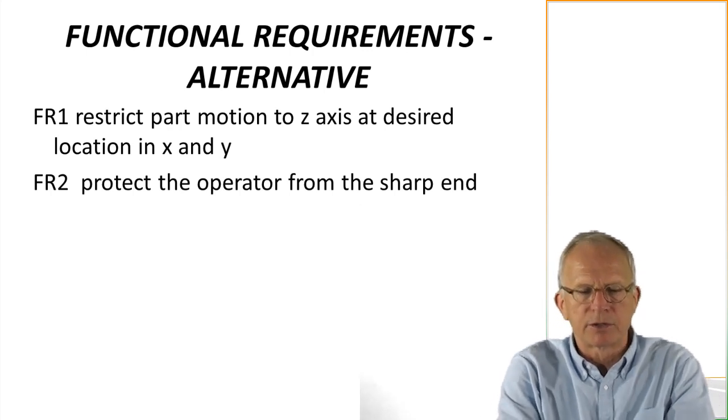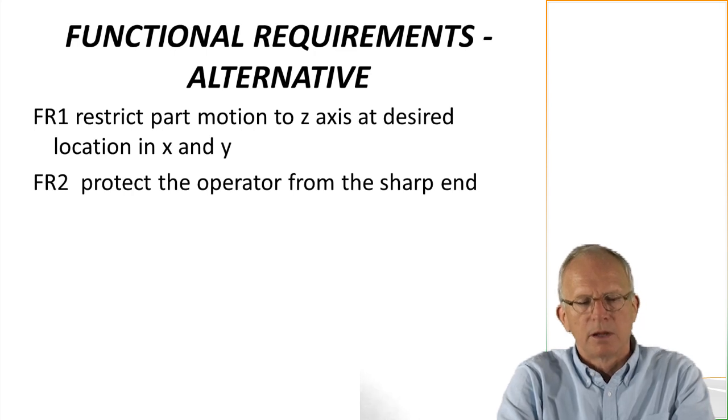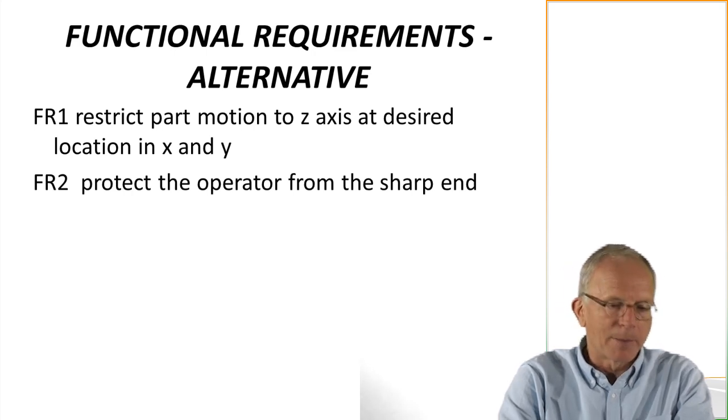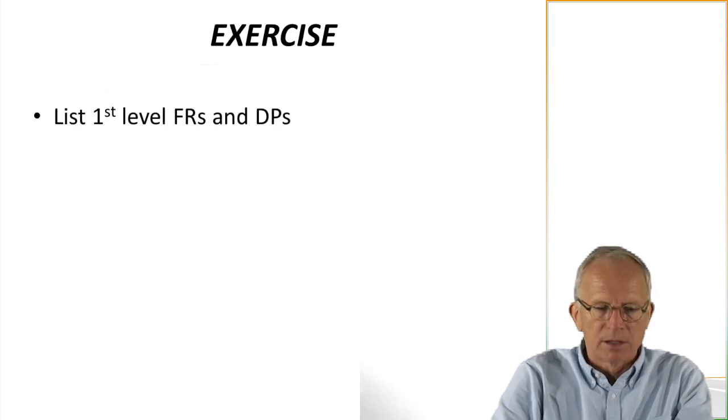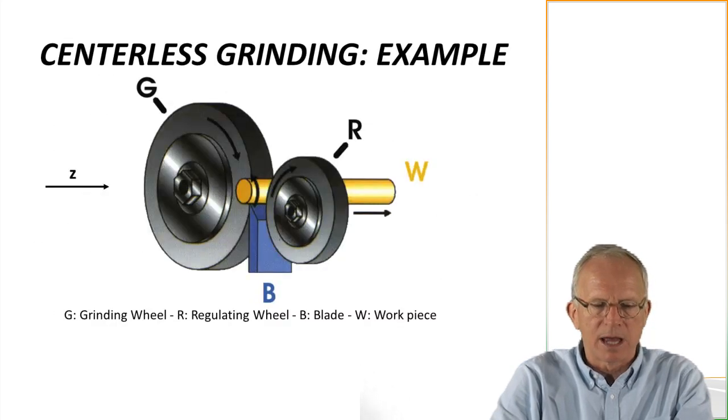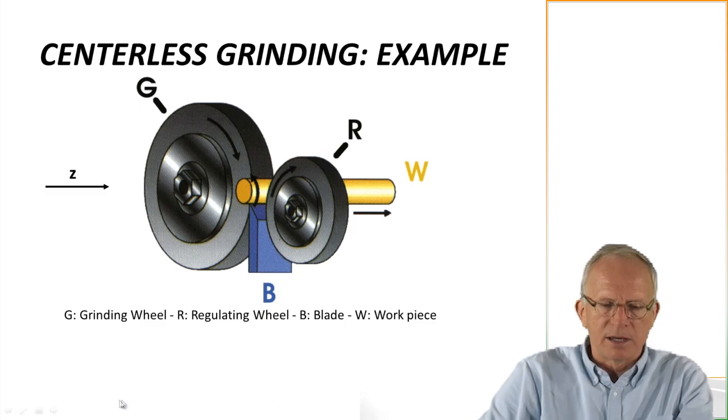So an alternative list of functional requirements: restrict the motion to the z-axis at the desired location in x and y, and then protect the operator from the sharp end. If we go back here, you can see the z-axis is indicated, trying to be in line with the part.